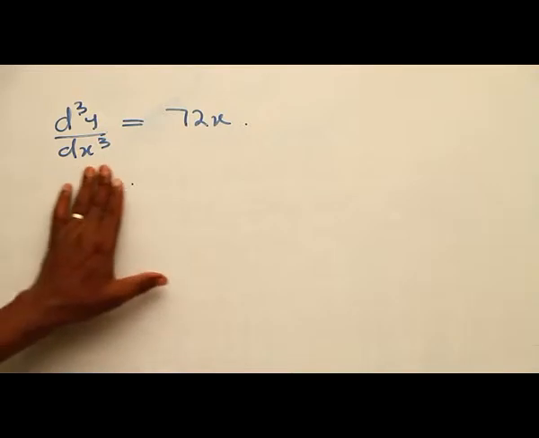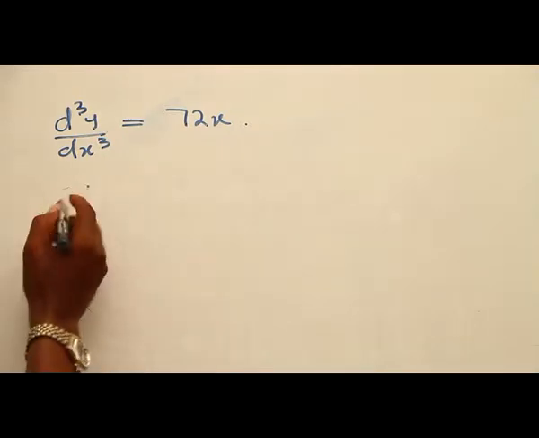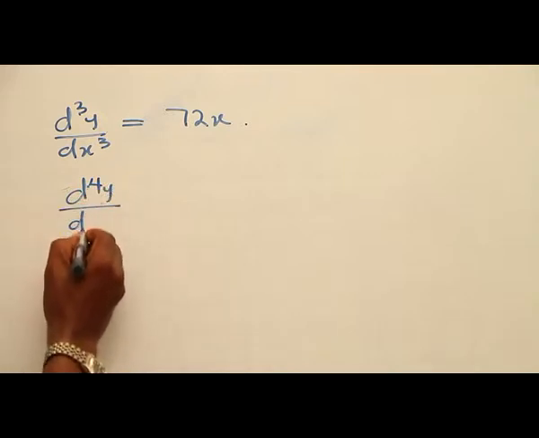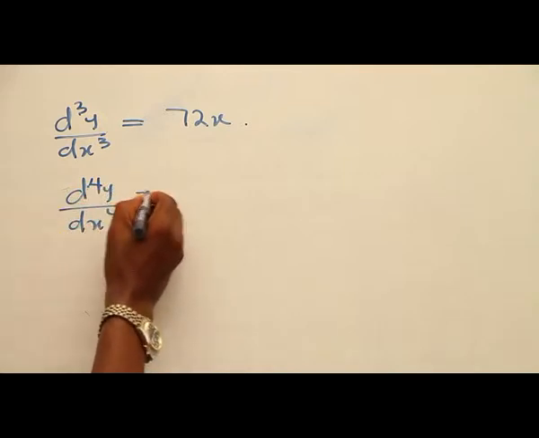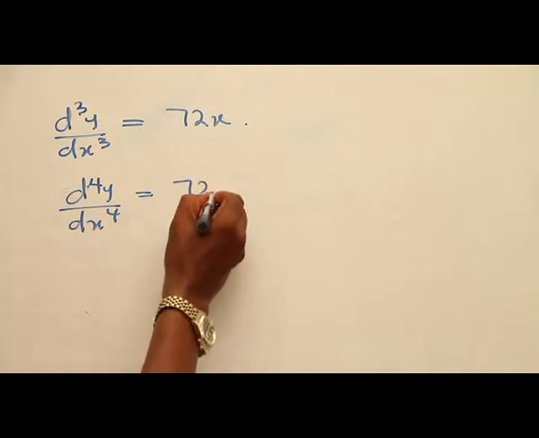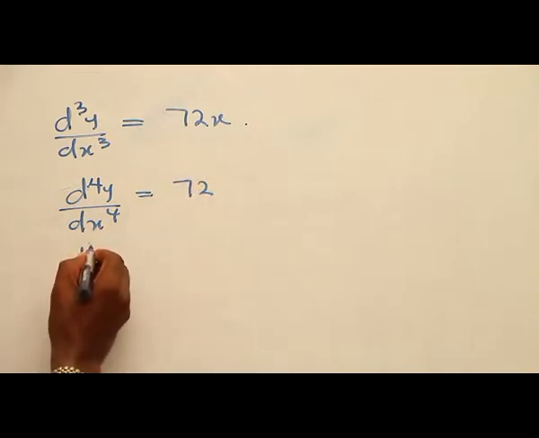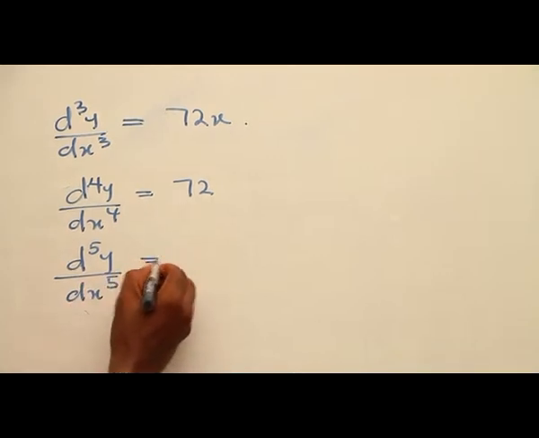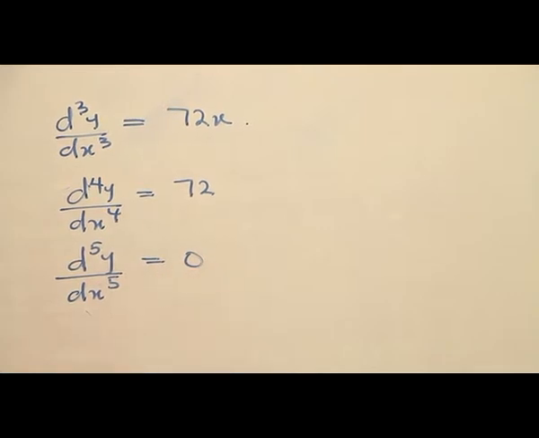So we have d to the power 4 of y over ds to the power 4, but this function becomes 72. So you can even go on now, d raised to the power 5 of y over ds to the power 5 is equal to 0, and that terminates it.